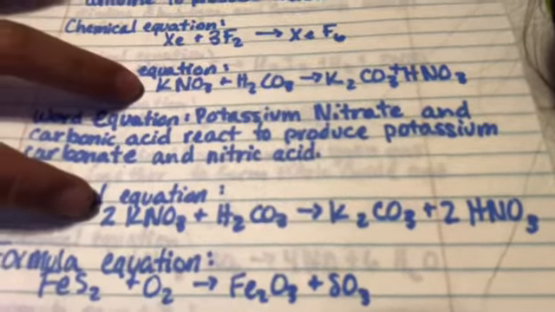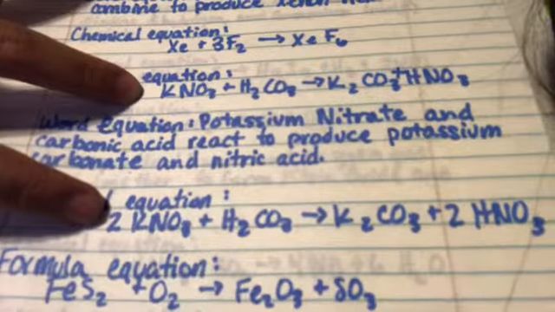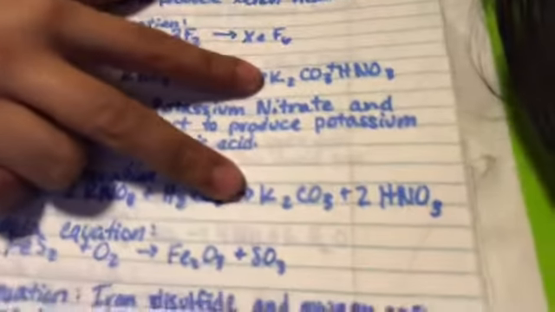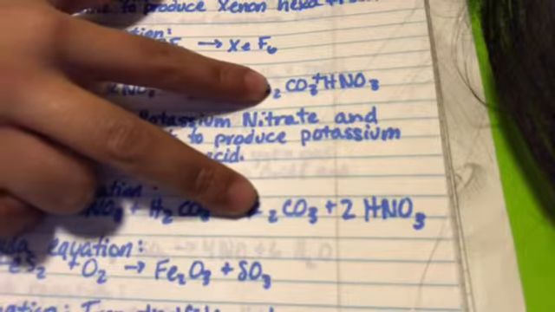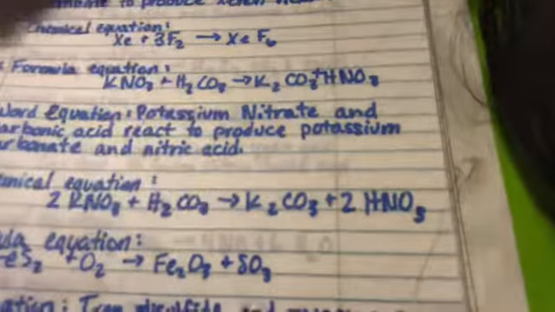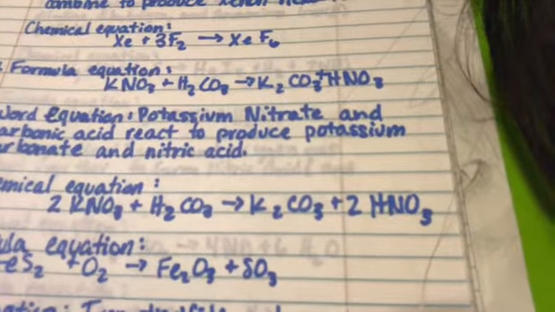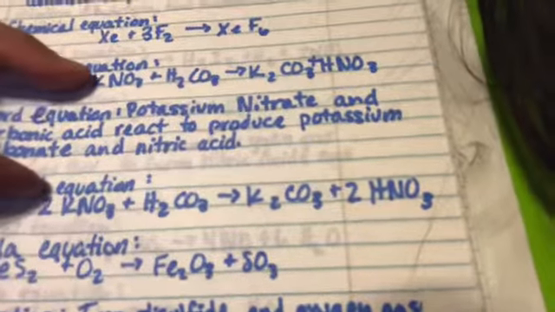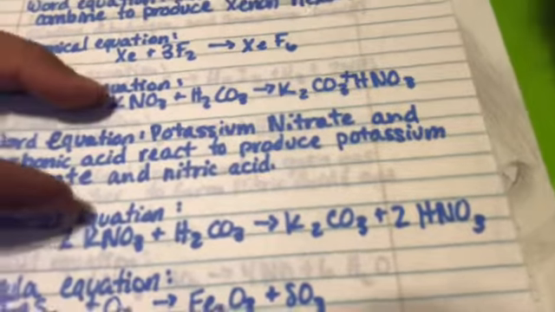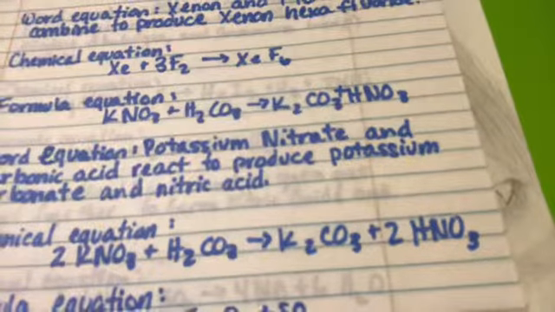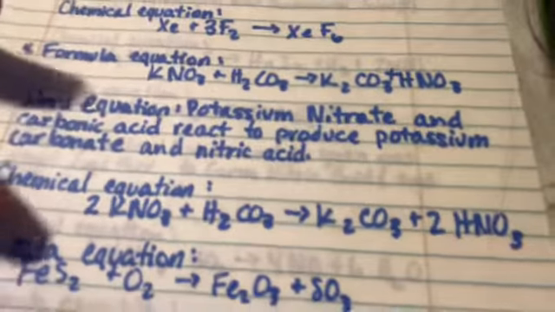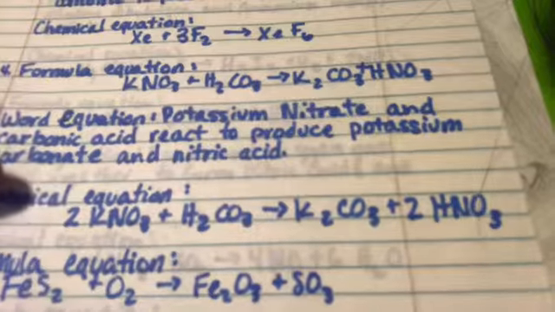So as you can see right here, we're gonna need 2 of the potassium nitrates, and then this stays the same, and then right here we just need 1, and in the end we're gonna have to have 2 of the nitric acids instead of 1, just so it can balance each other out from reactants and products, because whenever we have a reactant, the reactant has to have as many elements and numbers of elements and everything as the products. It always has to be the same.